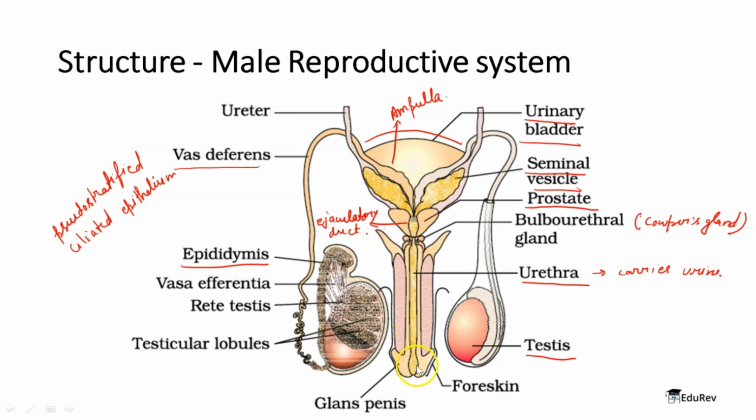In biology, where there is an opening, we use the term meatus or aperture to describe it. What is it? Meatus or aperture. So basically, this opening is known as the external genital meatus.